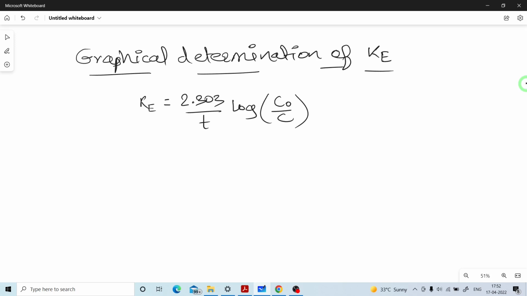For that, I will take this t term towards the left hand side and also this 2.303 towards the left hand side. So t will go towards the numerator, and 2.303 will come towards the denominator.